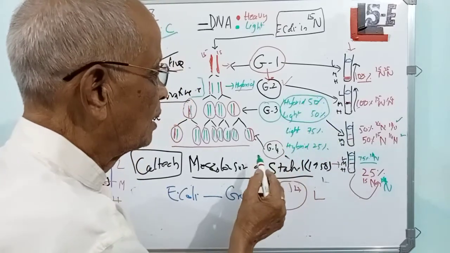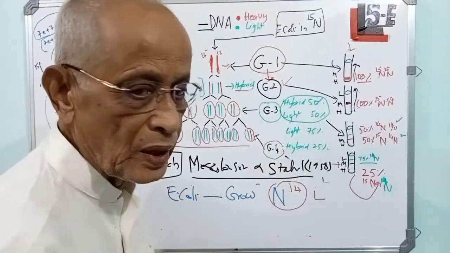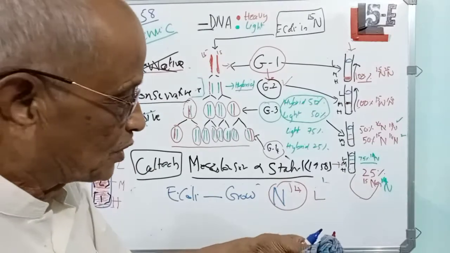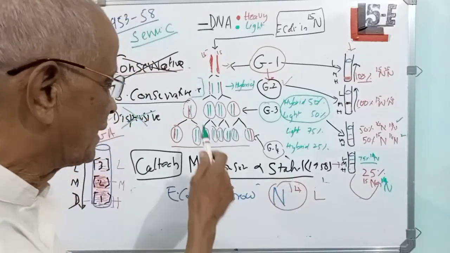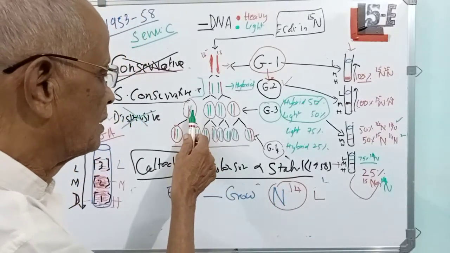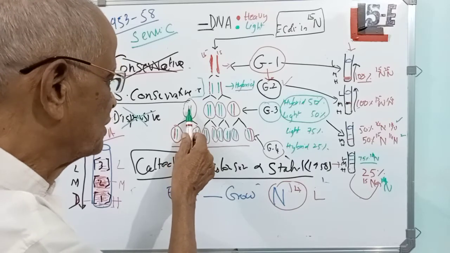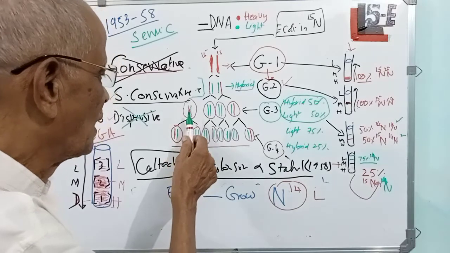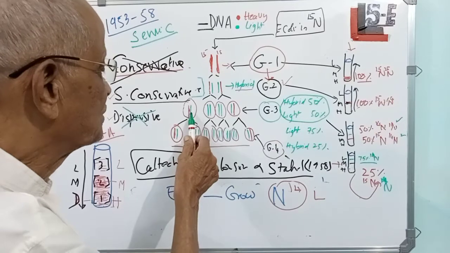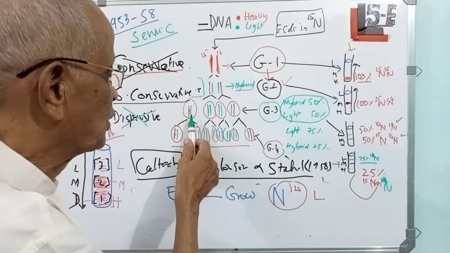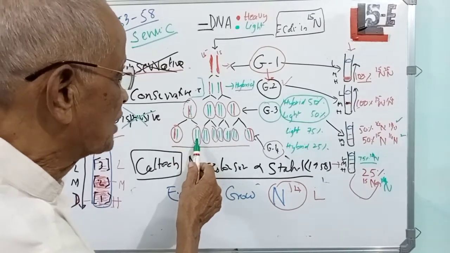Next, they also took the G4 generation and analyzed it. When they analyzed it, again the same thing happened. The duplication happened: this one duplicates to this one, and when this second strand duplicates, it becomes the light type.